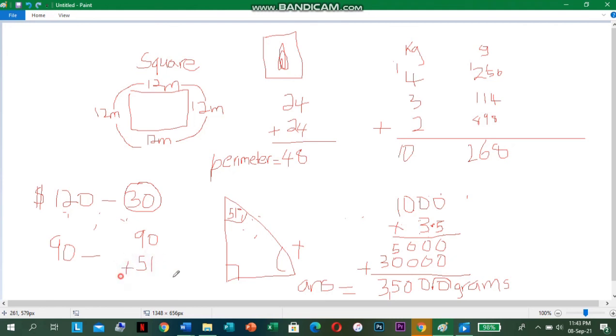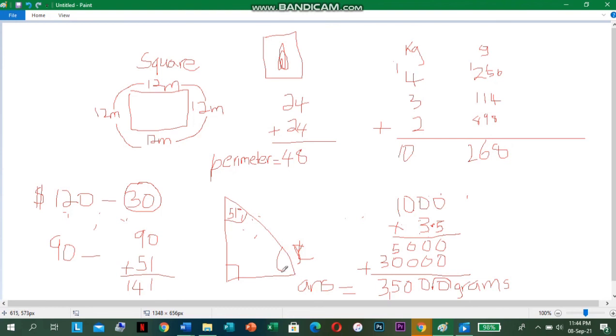We have 1 plus 0 is 1. 5 plus 9 is what? 14. So we know that these two angles, when we add them, we get 141. But this angle is x. We don't know it.